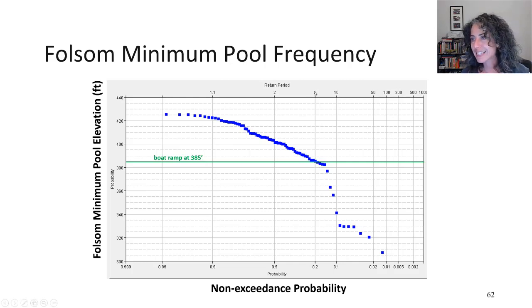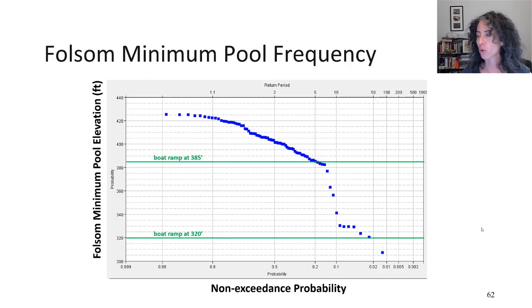Well, in this case, it has a return period of 5 years, so about every 5 years, it might be out of the water, although we don't expect a 5-year interval. It's just on average every 5 years, but really a 20% chance of being out of the water in every year. And if they also had installed a much lower boat ramp at, say, 320 feet, then that one only has about a 2% chance each year of being out of the water.